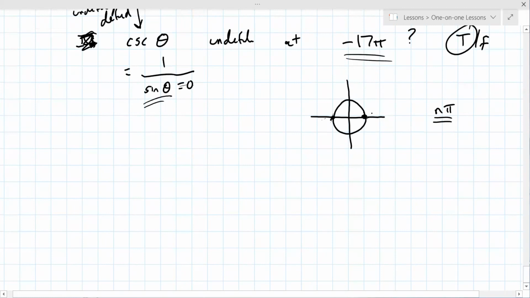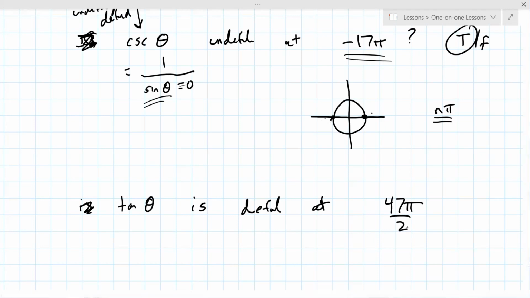Let me give you another one, true or false: tangent of theta is defined at 47 pi over 2. That's the top or the bottom, one of these positions, but now it's a different function. It's tangent, which is sine over cosine.